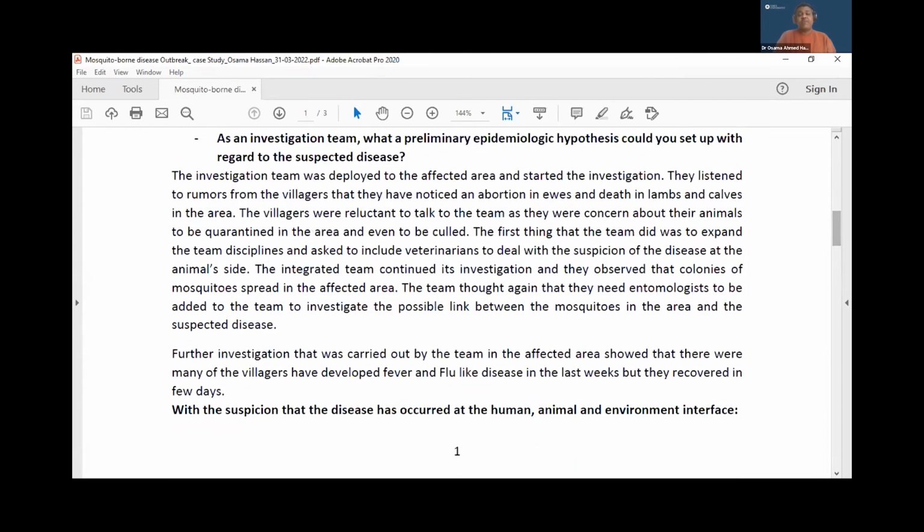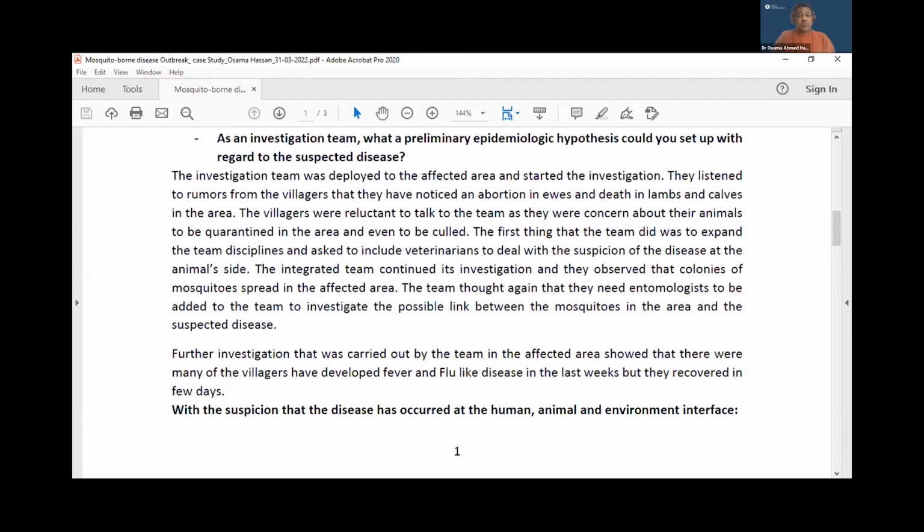Okay, the investigation team was deployed to the affected area and started the investigation. They listened to rumors from the villagers that they have noticed abortion in ewes and deaths in lambs and calves in the area.